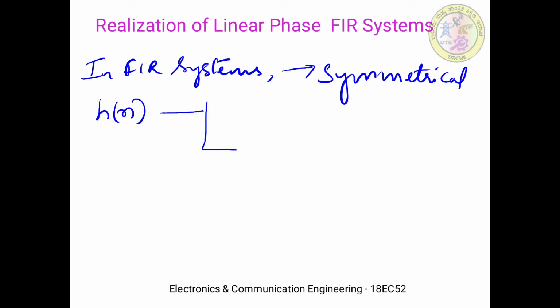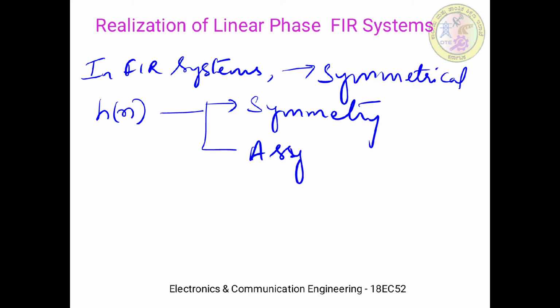So for the impulse response h of n, it should satisfy either symmetry or asymmetry condition. Then how do we define the positive symmetry of the impulse response?